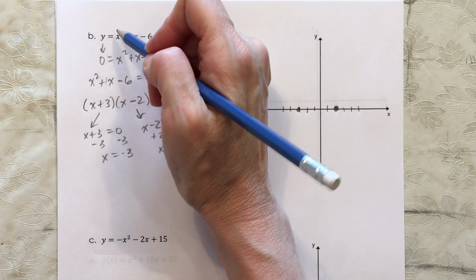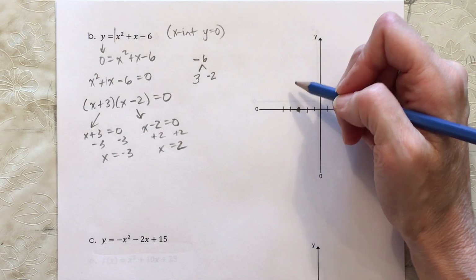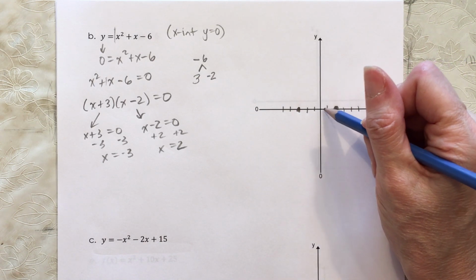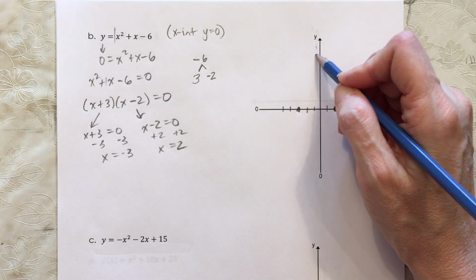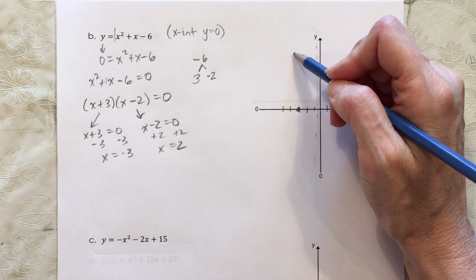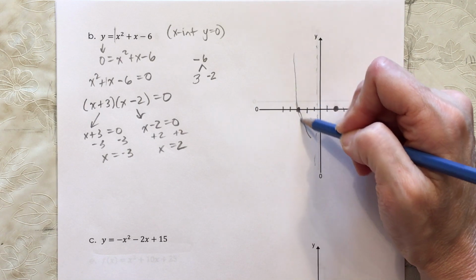Okay, and we know that our A number is +1, so our vertex is going to be halfway between -3 and +2. So that's at -0.5, somewhere along here. It doesn't really matter. I just want you to draw a parabola that opens up, like sketch a parabola.